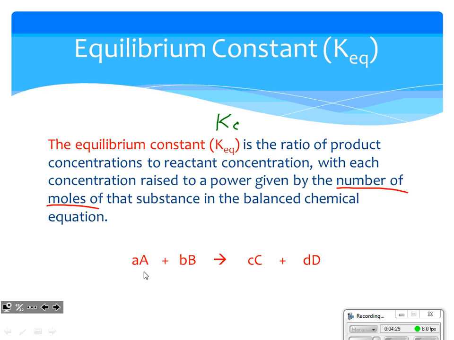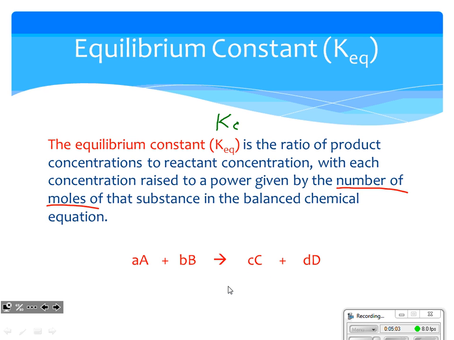Capital A is the concentration of the first reactant. The lowercase a is the moles of that reactant, so that would be the coefficient in front of the A. B is the concentration of the second reactant. The lowercase b is the moles of that reactant, which is also the coefficient. Once again, C and D, the capital letters, are concentrations of the products, and the lowercase letters are the moles of the products.